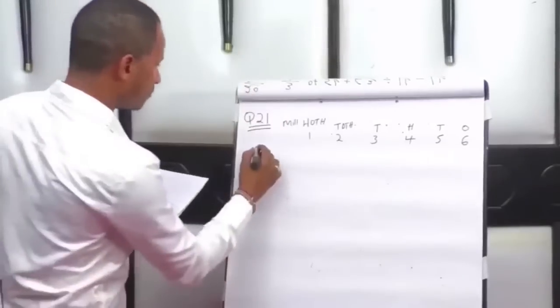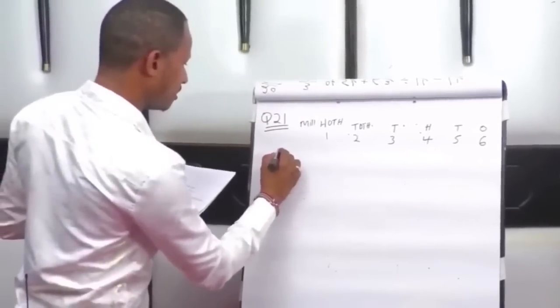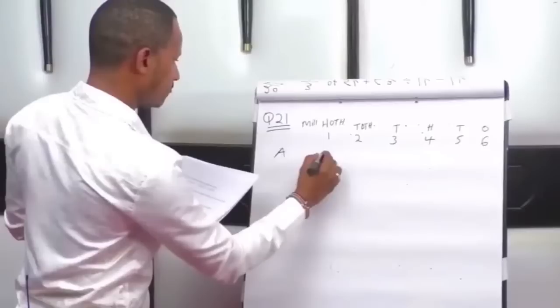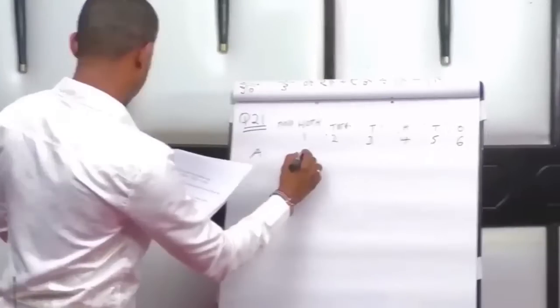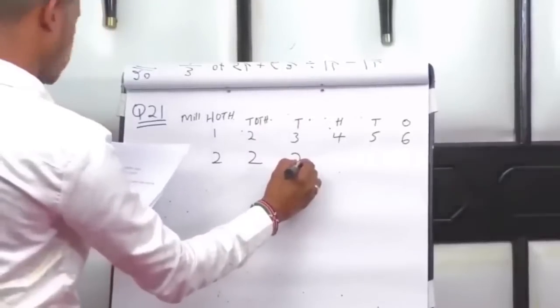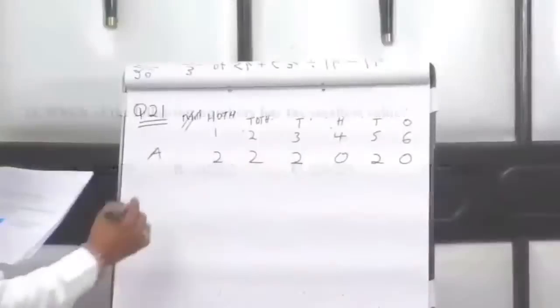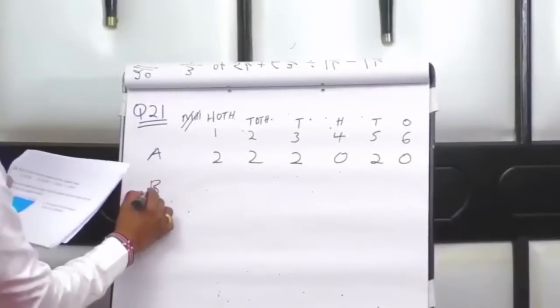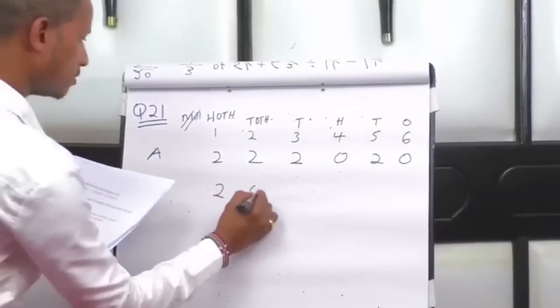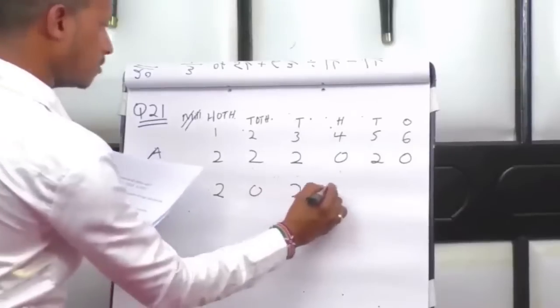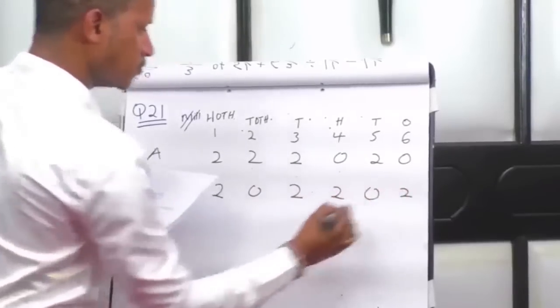So, what are the numbers that are given? Just write them down. The first choice A, you've been given 222020. Remember, there are 6 digits, so we don't need the millions. Then the second choice B, you are given 202202.